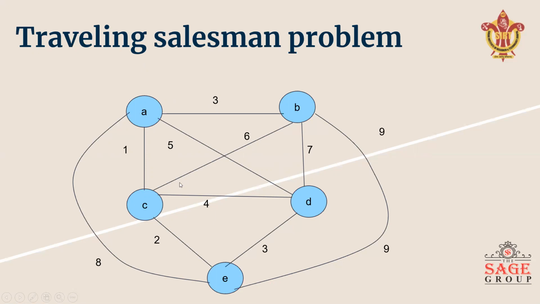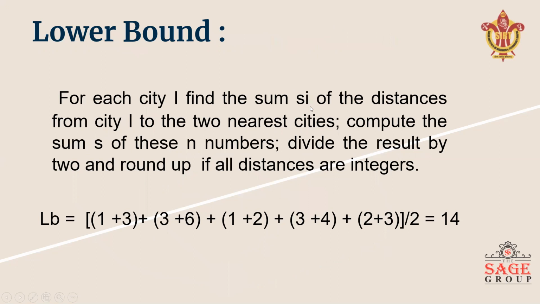For each and every route, there are weights shown. These weights indicate the distance between these two nodes or these two cities. Okay, so in this way, if we manually want to search the shortest path, then it will take a long time, and we have to generate all the permutation combination sequences to find the shortest path. So by using branch and bound method, what we will do, we'll discuss here.